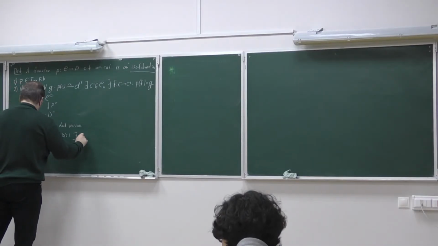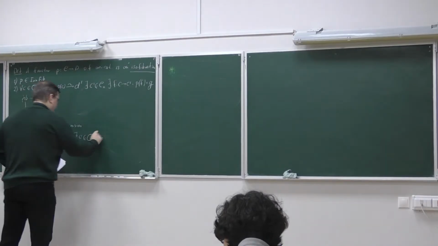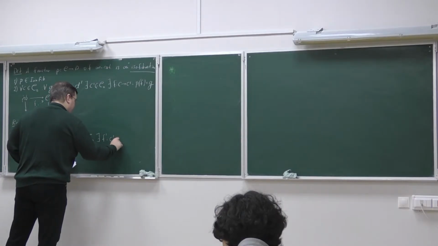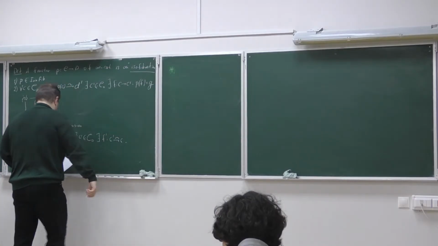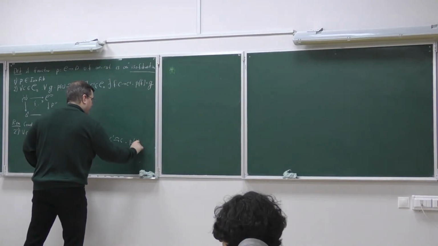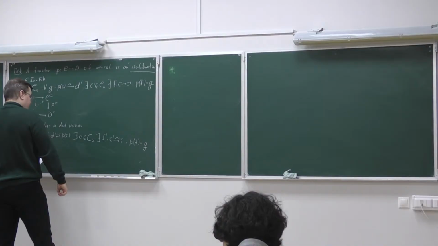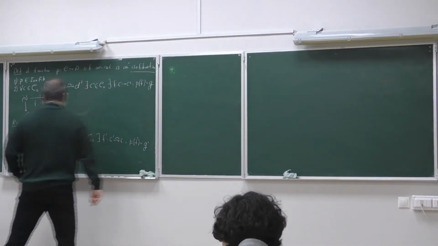There is c prime in C and there is an isomorphism F prime from c prime to c such that P of F prime equals G prime.